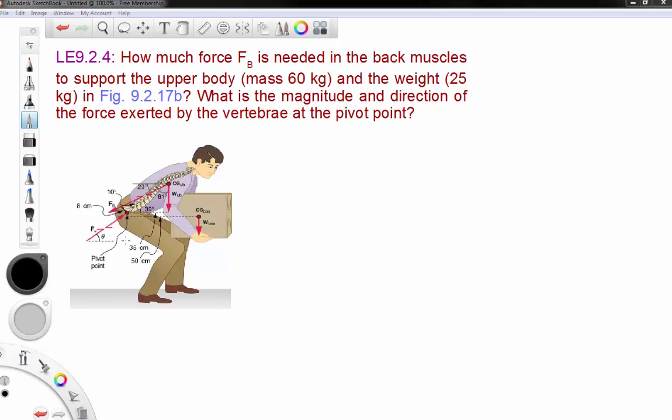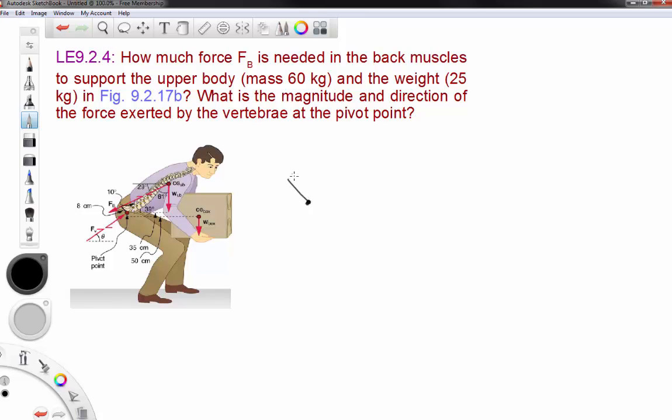So what's going on in this figure is we can basically treat this back system, or this guy, as acting like a lever in a sense. And the relevant thing to draw here is we have our pivot point, which is this red dot.